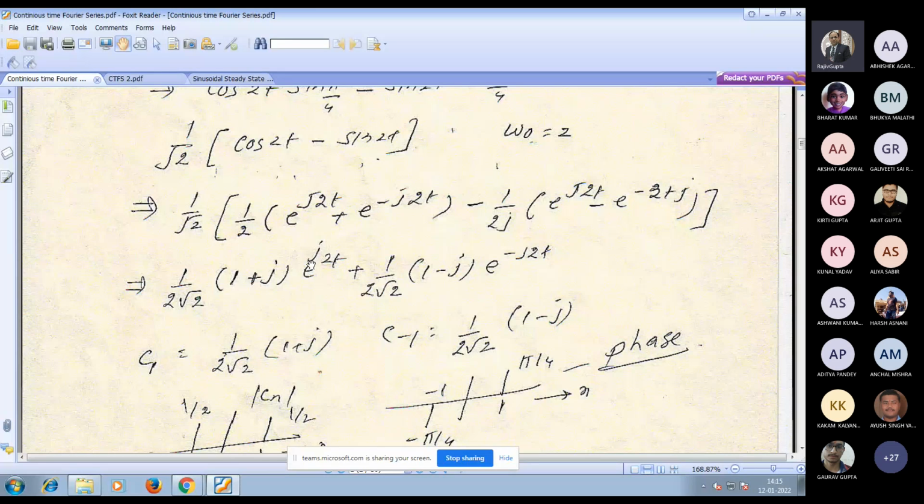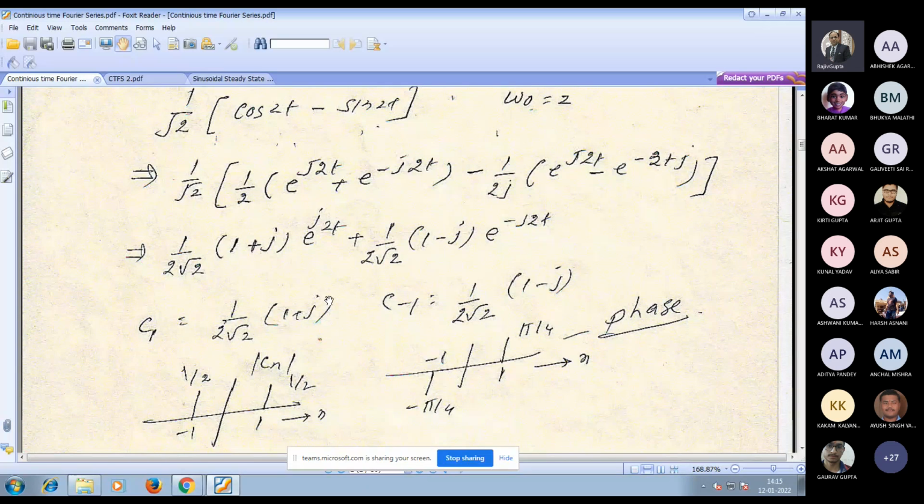And if I take e to the power j2t or minus j2t common, we have 1 by root 2 times 1 plus j, and 1 by 2 root 2 times 1 minus j. So again, we have two Fourier series coefficients, C1 and C minus 1. Can you tell me why they are C1 and C minus 1? Why not C2 or C minus 2?